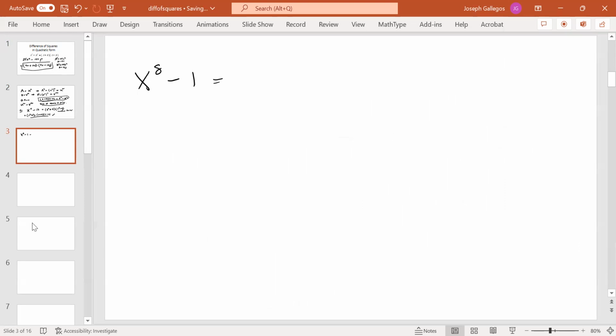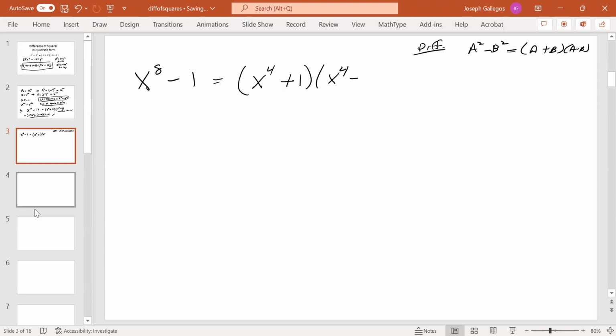So this is the difference of squares again, and we can apply a squared minus b squared as a plus b and a minus b. This time, the square root of x to the 8, 8 divided by 2, is 4. So we'd have x to the 4 plus 1 and x to the 4 minus 1 for the first step in factoring. Now we want to think about, can it factor further?